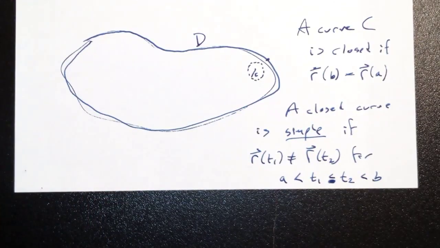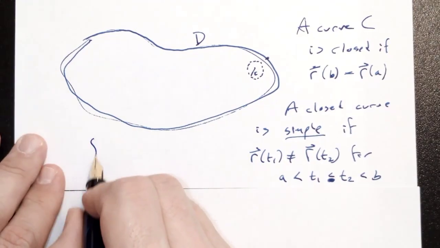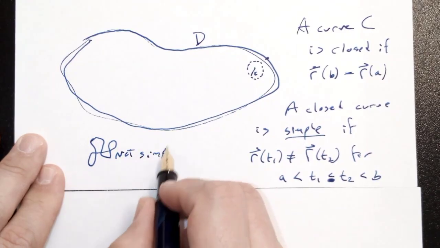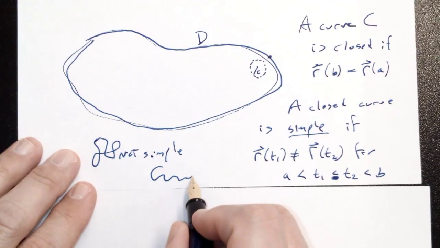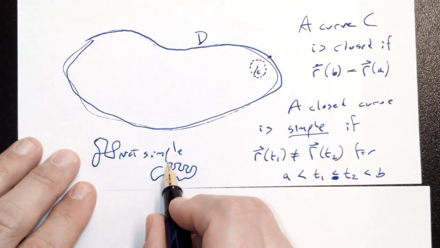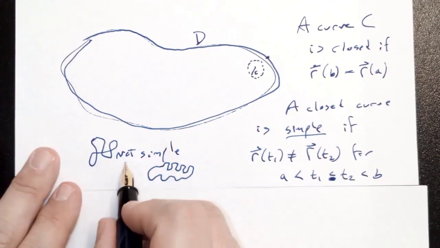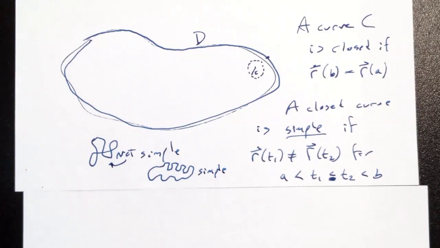So a figure 8 is not simple. A figure that crosses itself anywhere fails to be simple. A simple curve can be rather wiggly and complicated looking. But as long as it only crosses at its starting and ending point, that's simple.